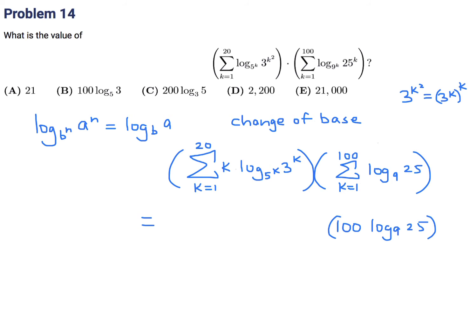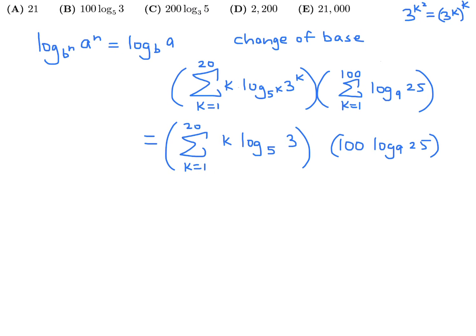Now this guy here is a little bit more complicated, but it shouldn't be too bad. So again, this part, you can use our really nice rule to get rid of those k's, and that will just give me log of 3 to the base 5, and then we have the sum of k, 1 to 20. All right, so that's pretty good progress, I think. Okay, so now we have to talk about this.